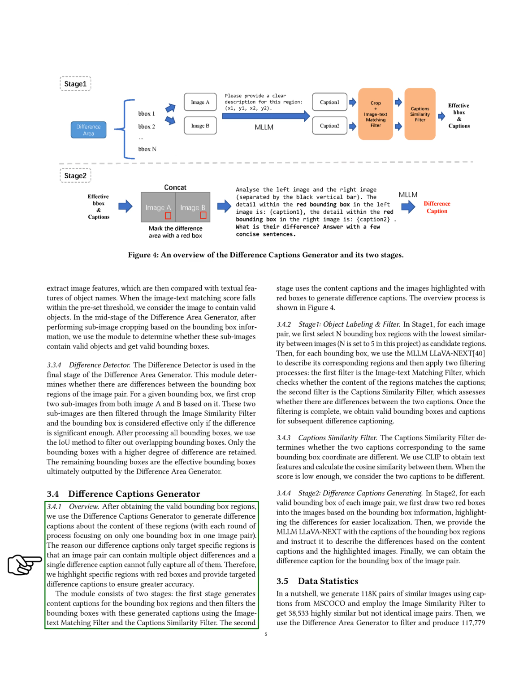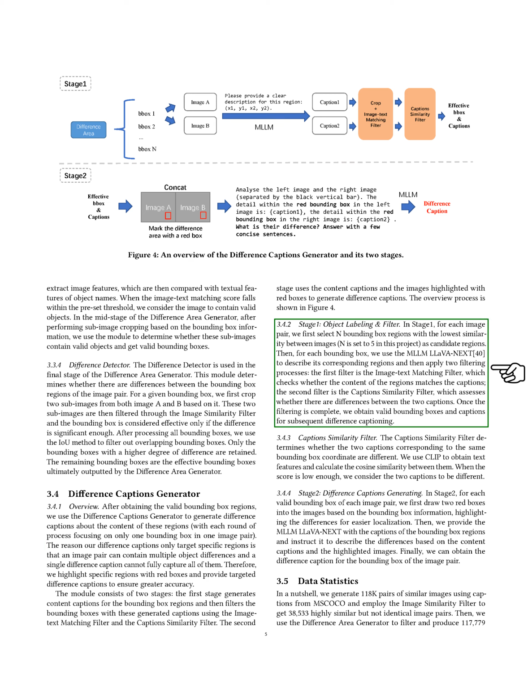In stage 1, we select the 5 bounding box regions with the least similarity and describe them using the MLLM next. We then apply 2 filters, the image text matching filter to check for content accuracy and the caption similarity filter to assess differences between captions. This filtering yields valid bounding boxes and captions for the next stage.